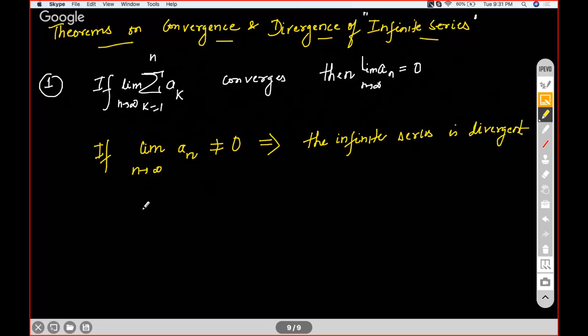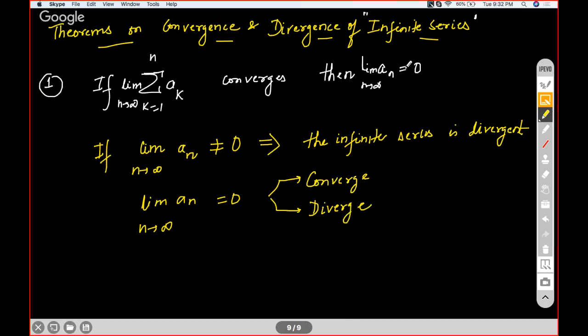And if limit an as n tends to infinity is 0, it may or may not be convergent. It may converge, it may not. So when this becomes 0, you cannot claim anything about the series. But if you know the series is convergent, that means the limit has to be 0. Are you able to understand this small theorem?